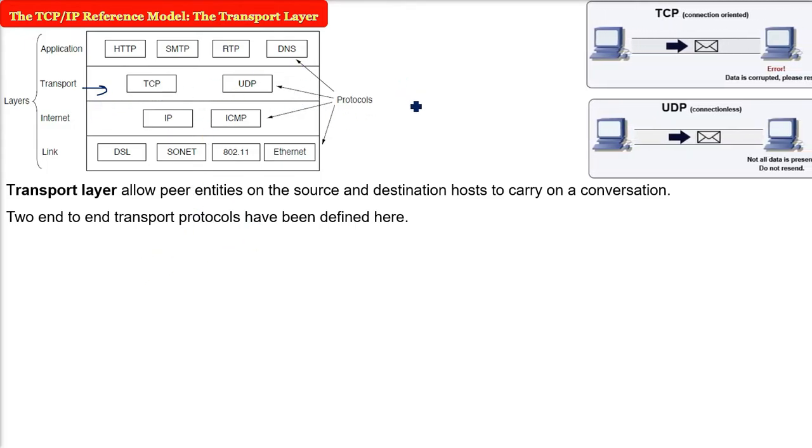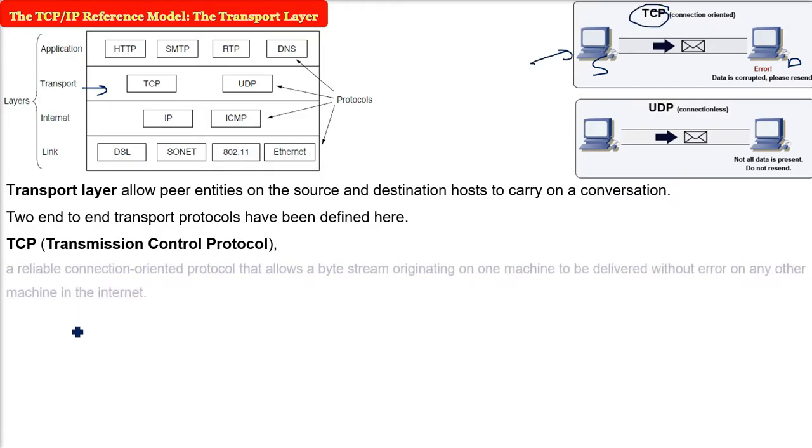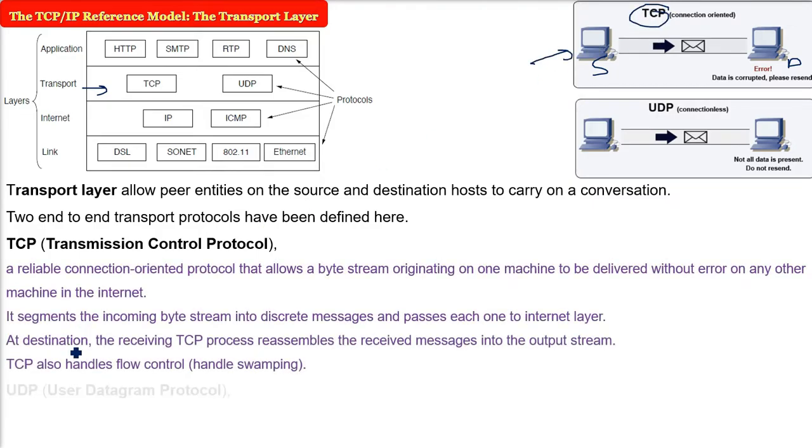Because this is all about the actual conversation between the peers, for the transport layer or application layer. So TCP is the Transmission Control Protocol, and there is another one called UDP, that is the User Datagram Protocol.